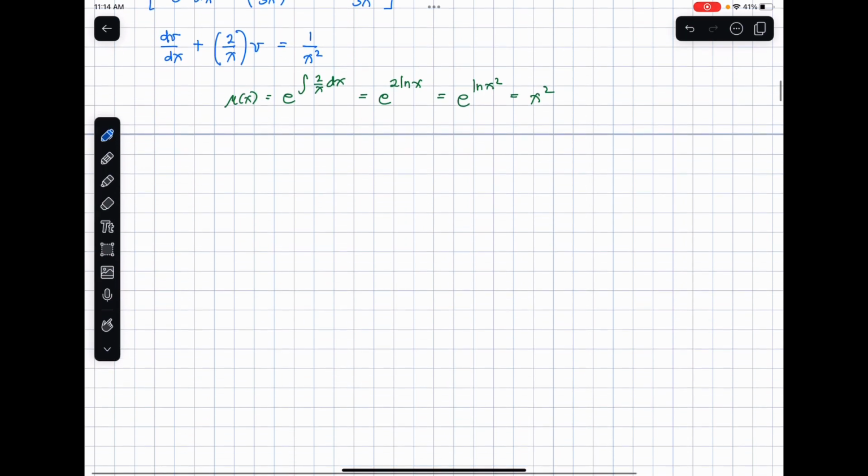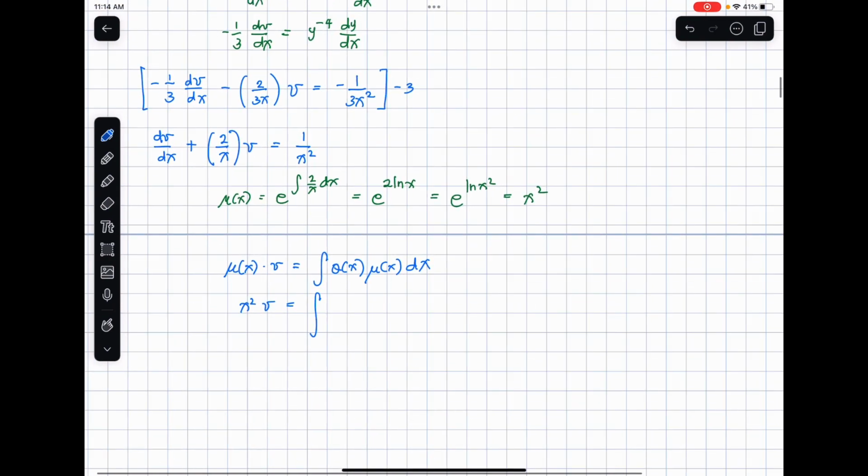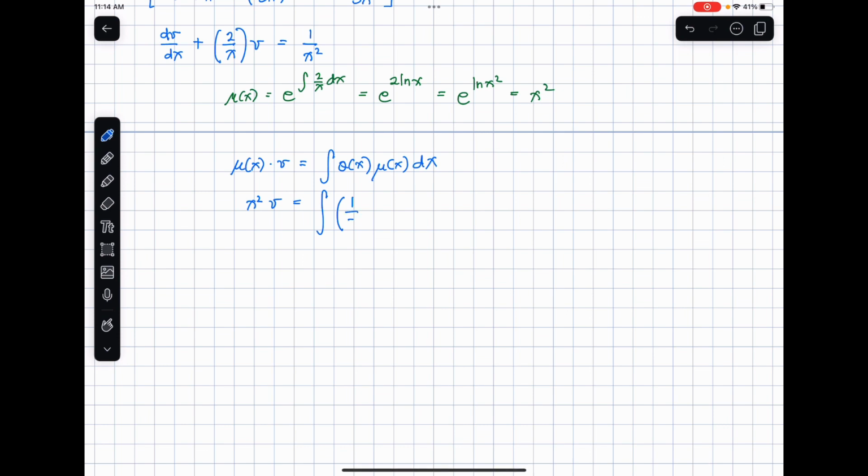And we can proceed. Our general formula is mu of x times v is equal to the integral of q of x times mu of x dx. So our mu of x is x squared, so x squared times v is equal to the integral, where our q of x is 1 over x squared and mu of x is x squared, dx.